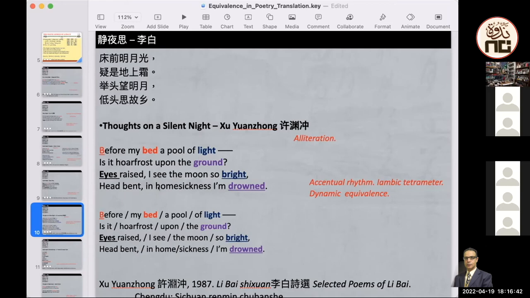So I would say this is accentual rhythm. When I analyze this rhythm, I would say this is accentual. Why is it accentual? Because the iambic foot is very clear. Before my bed, the accent is very clear. So this is accentual rhythm.